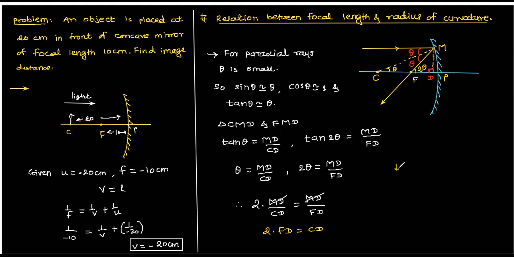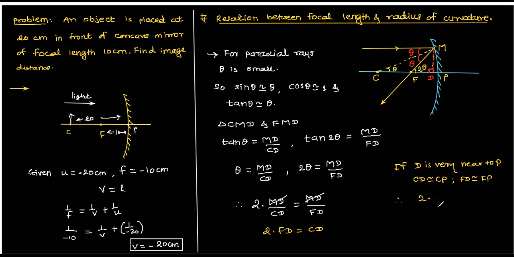Now, if D is very near to P, then I can replace CD with CP and FD with FP.